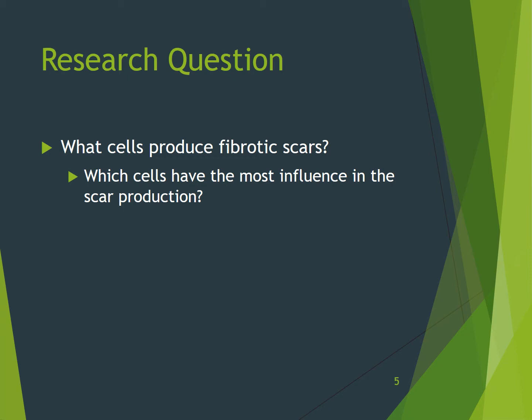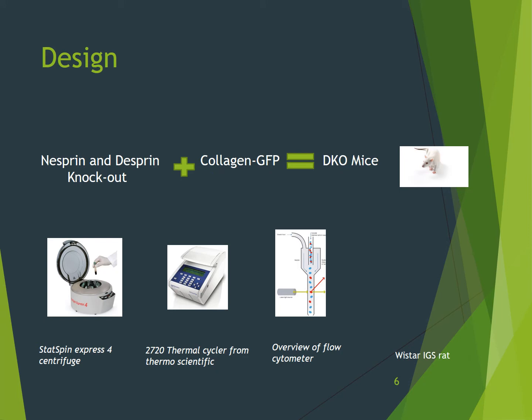So the research questions were what cells produce fibrotic scars and which cells have the most influence on scar production. What they did to test these two research questions was they took Nesprin and Desmin double knockout mice and gave them a collagen GFP fused gene to create the DKO mice so they could see where the collagen was due to the green fluorescence.